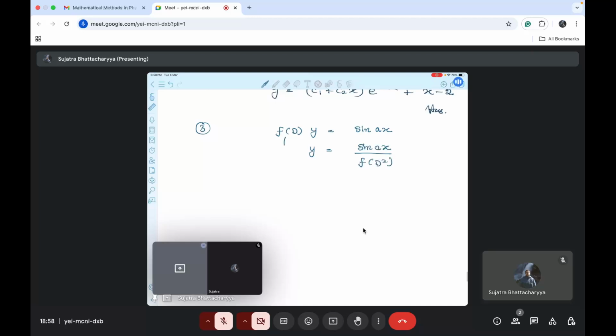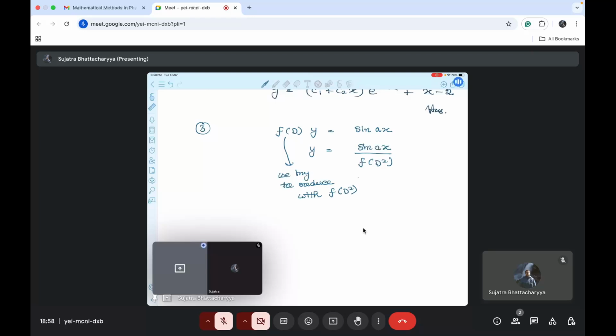We try to reduce with f of d square. We will see that when we do some examples, and you will understand.